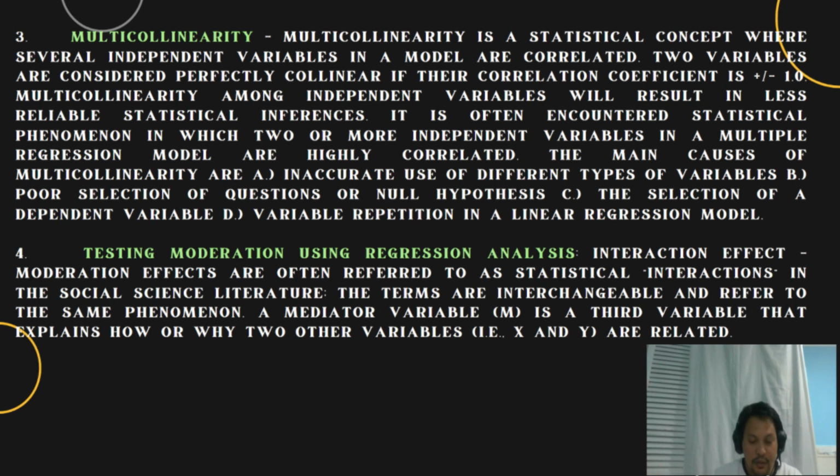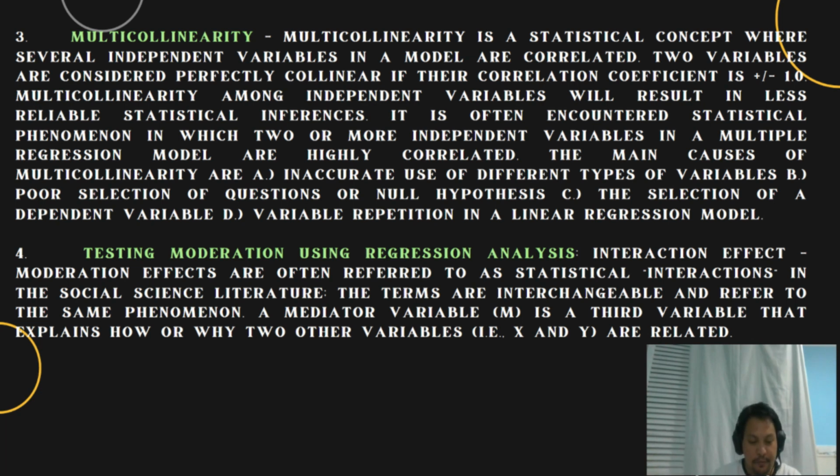The main causes of multicollinearity are A. Inaccurate use of different types of variables. B. Poor selection of questions or null hypothesis. Letter C. The selection of a dependent variable. And D. Variable repetition in a linear regression model.